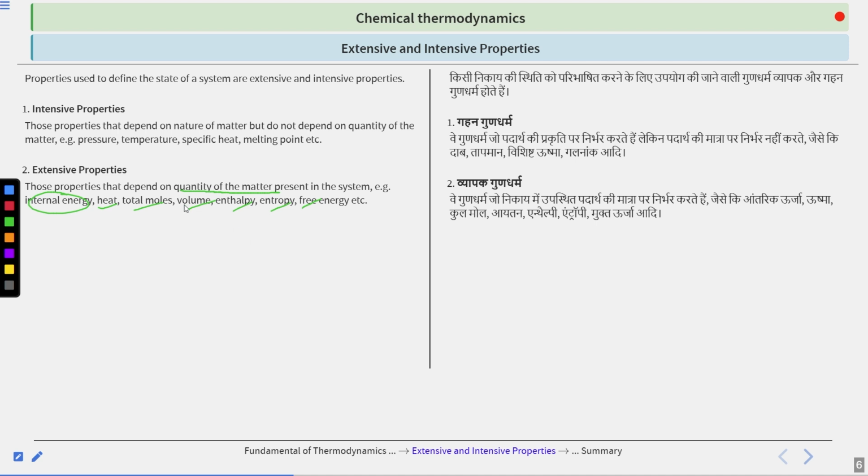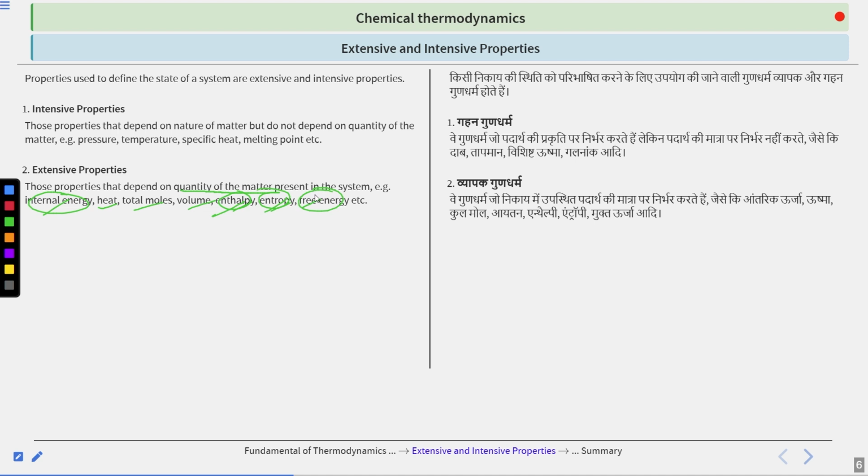Clear? Next is volume. You have seen the gas partition example again. If you are partitioning into two equal parts, then the volume also gets halved upon decreasing the mass. Similar thing is for enthalpy and entropy. So remember that these three are extensive properties. We will see how. And this free energy also.